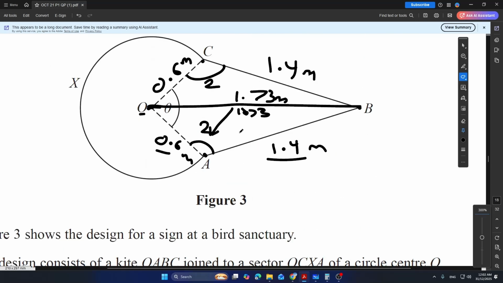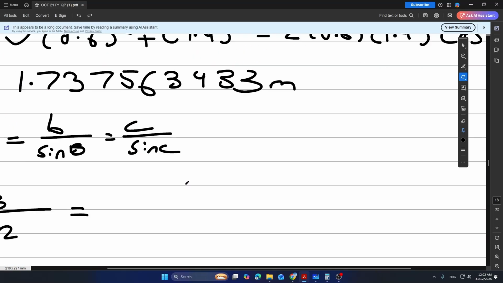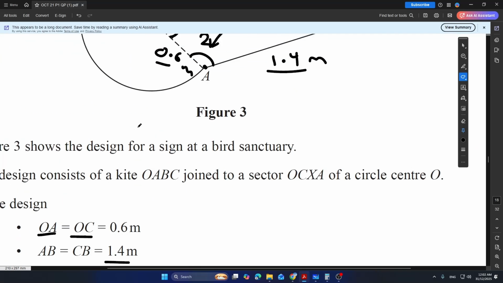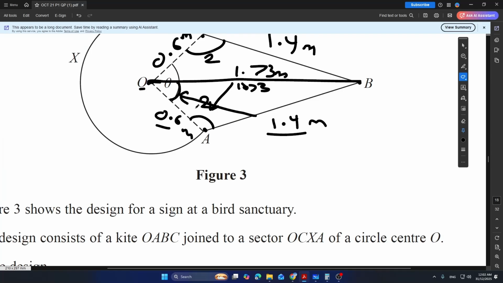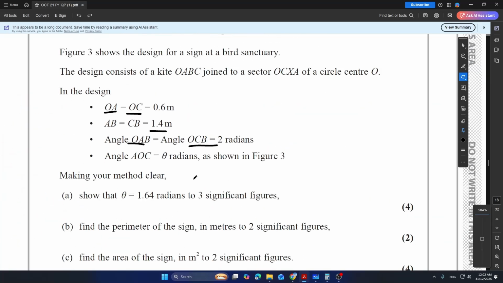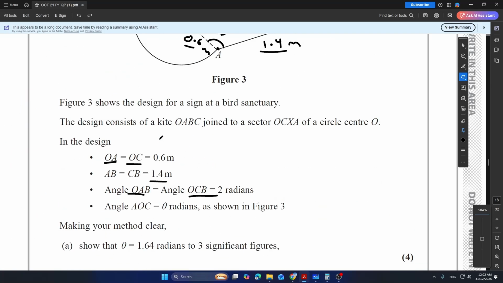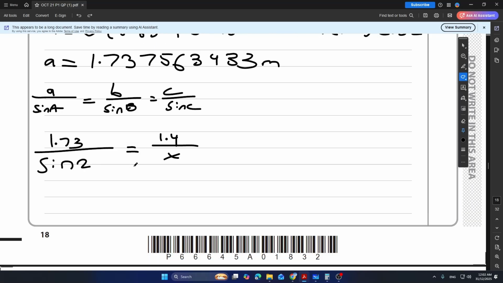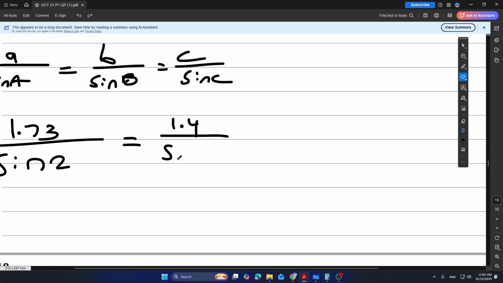Now to find this angle we need the side opposite, which is 1.4, so we can say 1.4 over x, because we don't know what the angle here is, but we want to find it. It's given, but we have to prove it.